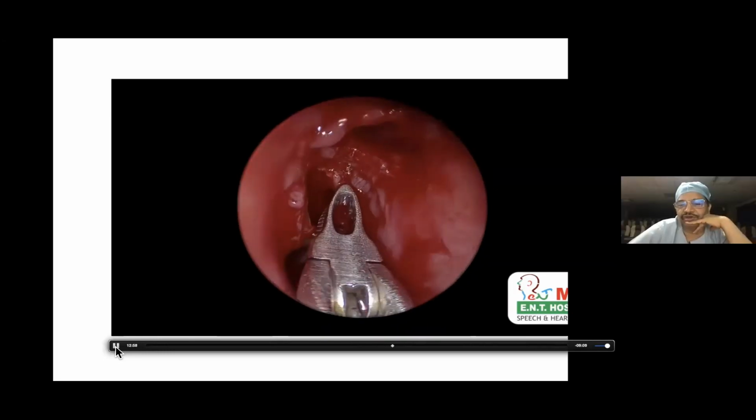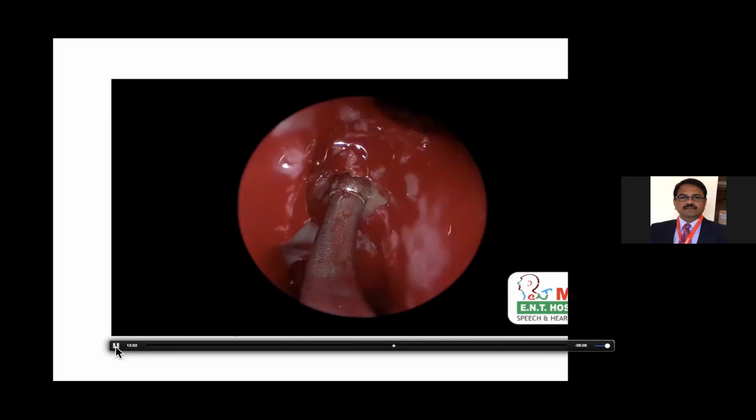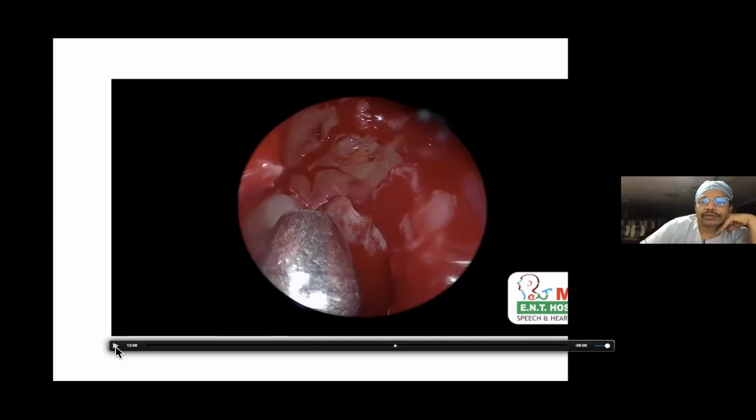It's a very anteriorly placed frontal sinus, a little difficult. Now you can see this is the anterior ethmoidal artery, and this is the skull base.